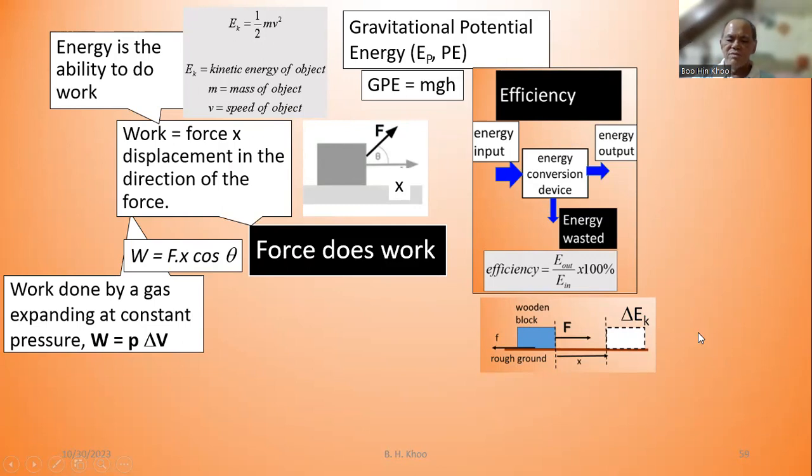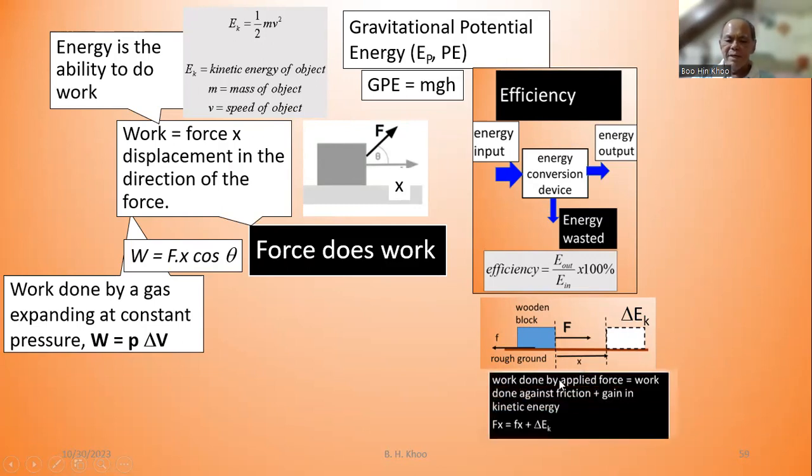So you should be able to write this formula. Work done by the applied force equals work done against friction, that's where the energy goes to, plus the gain in kinetic energy. So in formula form, Fx equals small fx plus your delta Ek.